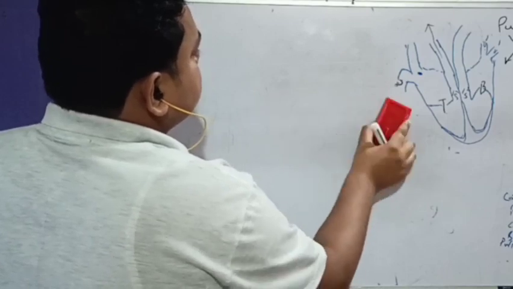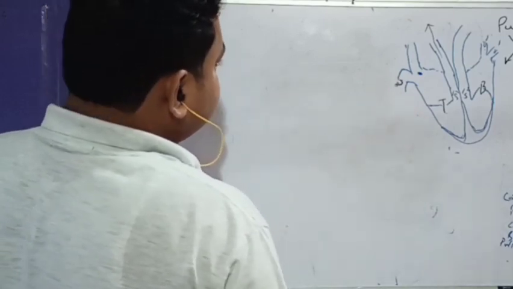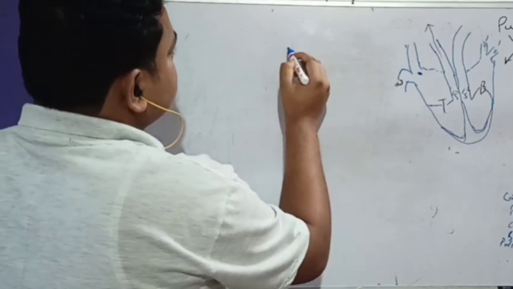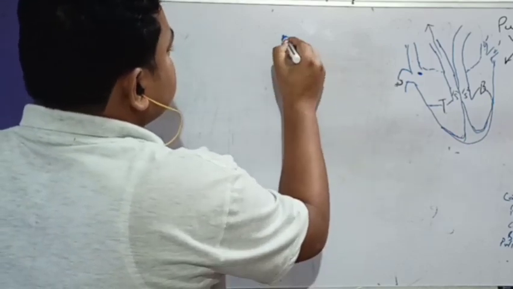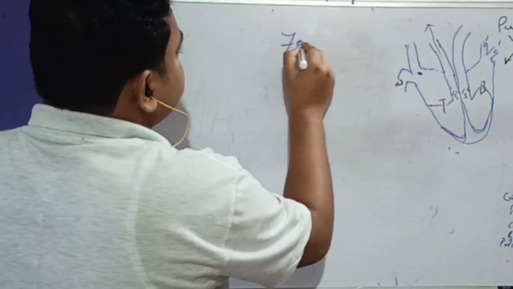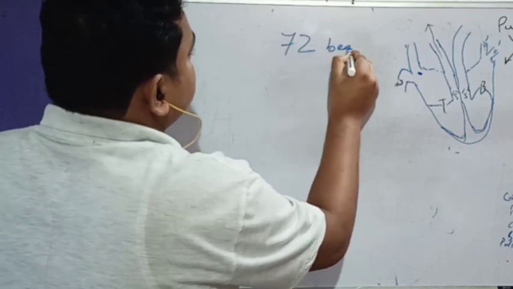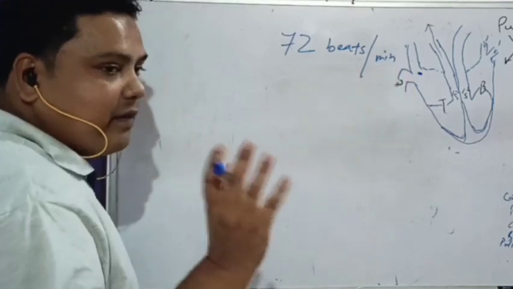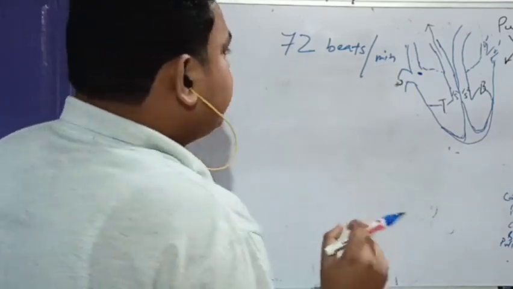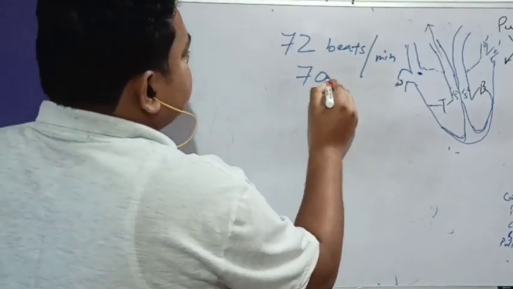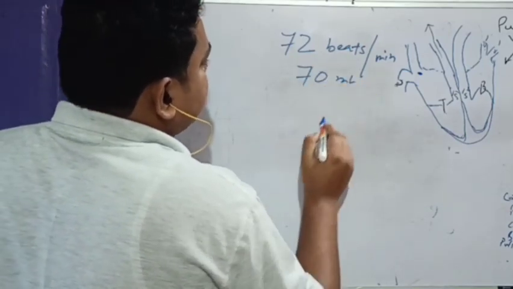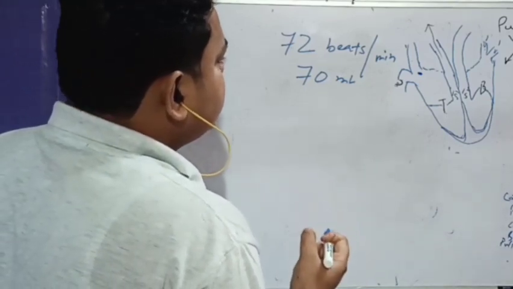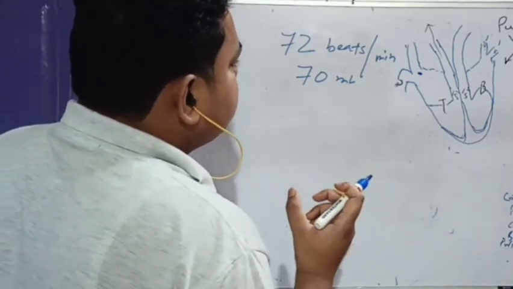Now we know the average heartbeat rate is 72 beats per minute, and in every beat 70 milliliters of blood is pumped. So in 1 minute, how much blood is pumped?